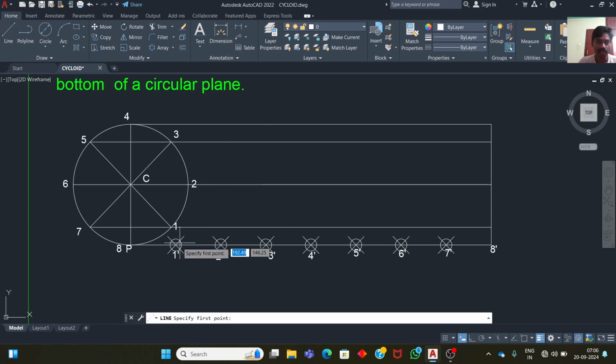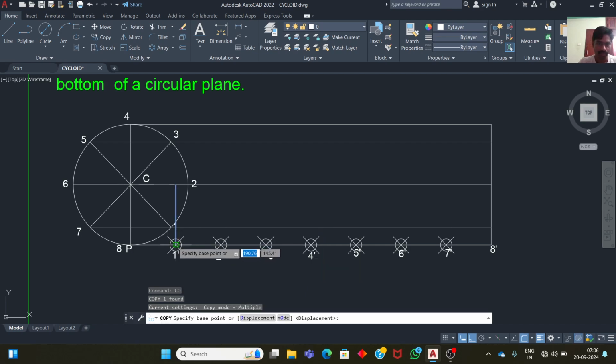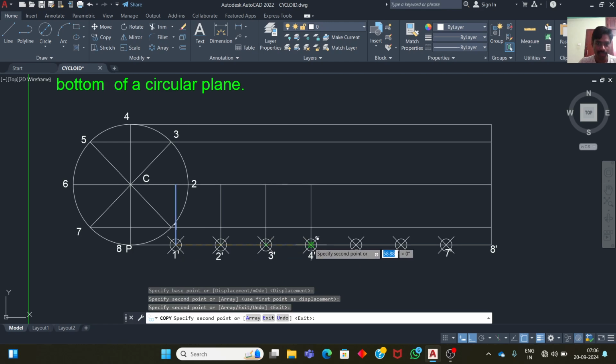Draw a perpendicular line from 1 to this locus of centers line. I am copying this line. This is step 2, 3, 4, 5, 6, 7, and 8 also. So give the notation.